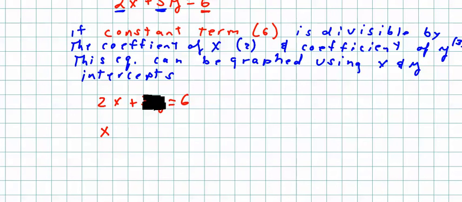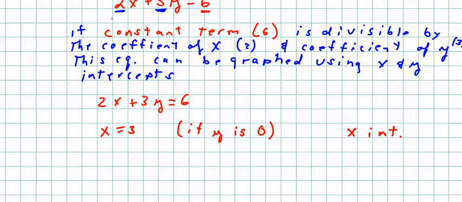If y is 0, x has to be what? 2 times what is 6? x has to be 3. So x equals 3 if y is 0. That's the x-intercept.